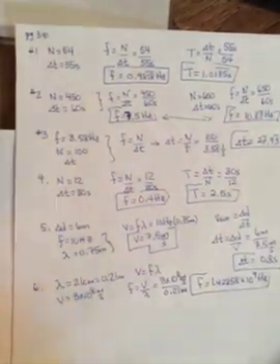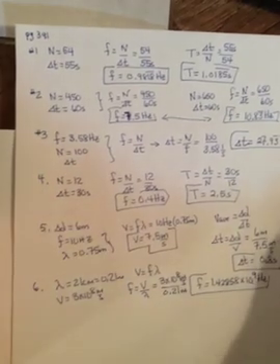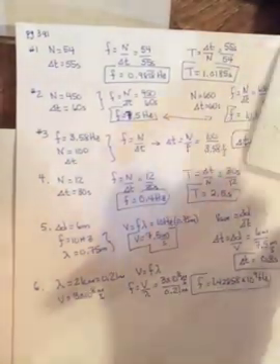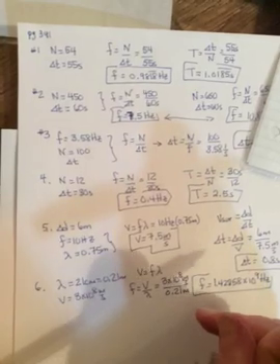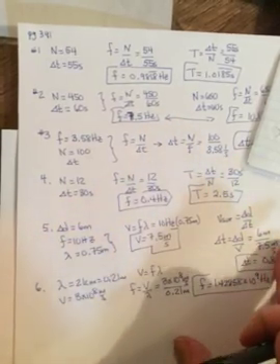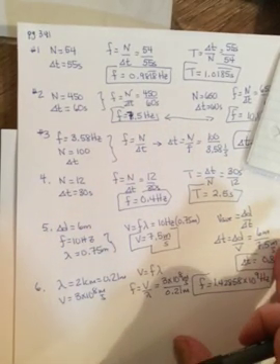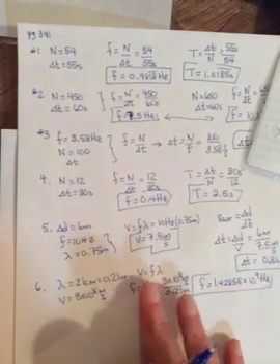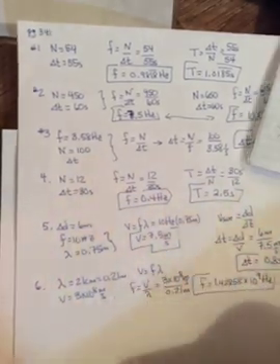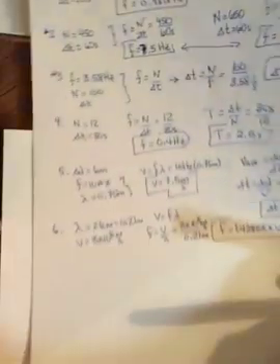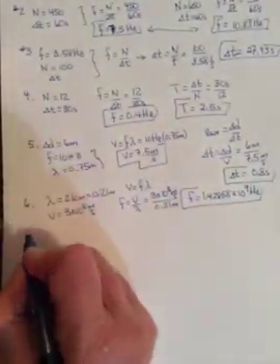All right, turn the page again. Number 7. Tsunamis are fast-moving ocean waves typically caused by underwater earthquakes. One particular tsunami traveled a distance of 3,250 kilometers. That is not a wavelength, that is a distance. How do I know?